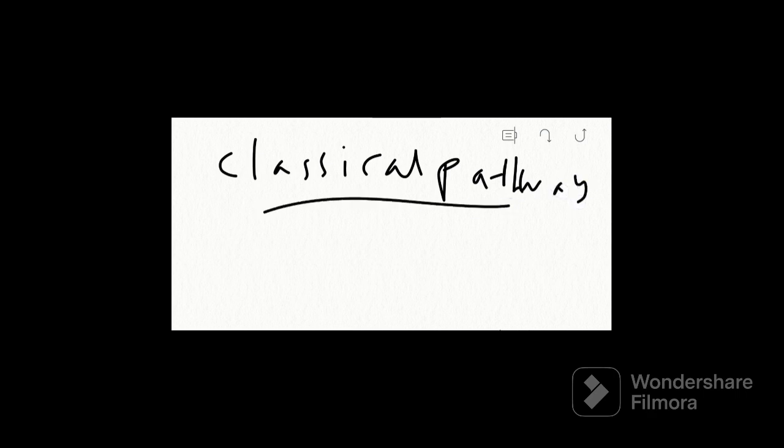In the classical pathway, there will be decreased C1, C2, C4, C3. C1, C2, C3, C4. Okay.